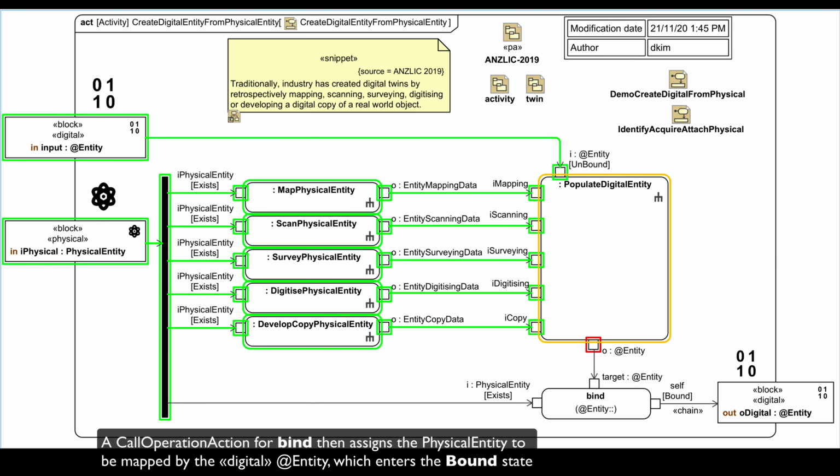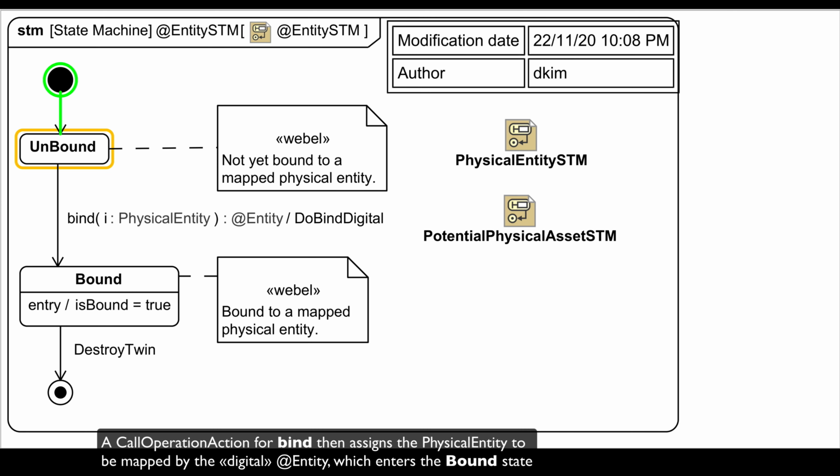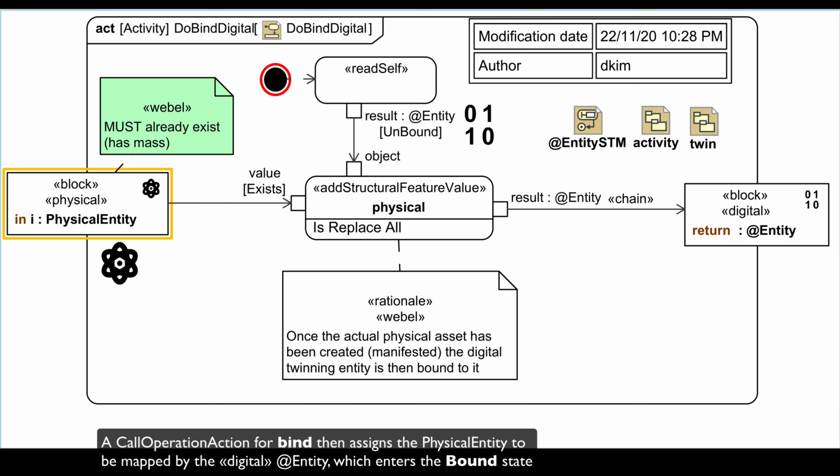A call operation action for bind then assigns the physical entity to be mapped by the digital entity, which enters the bound state. Before the effect behavior is executed, it's in the unbound state. The physical entity is now known to exist, has mass, and is set as the property physical of the digital entity.